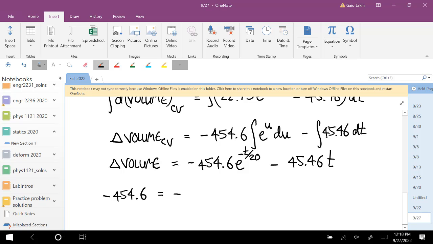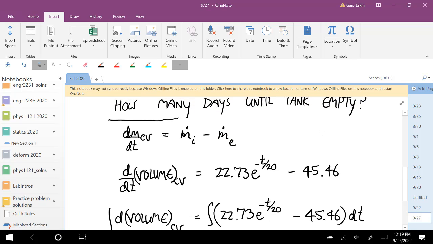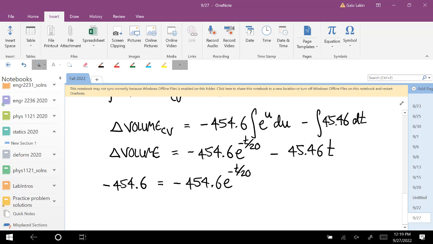And that's equal to negative 454.6 e to the minus t over 20 minus 45.46 t.